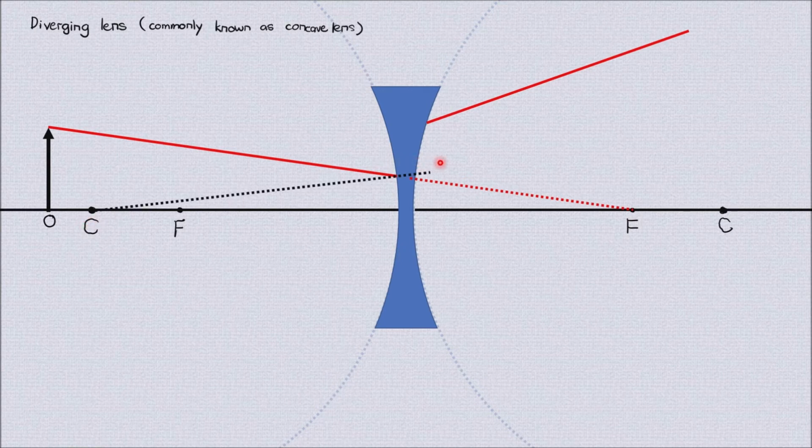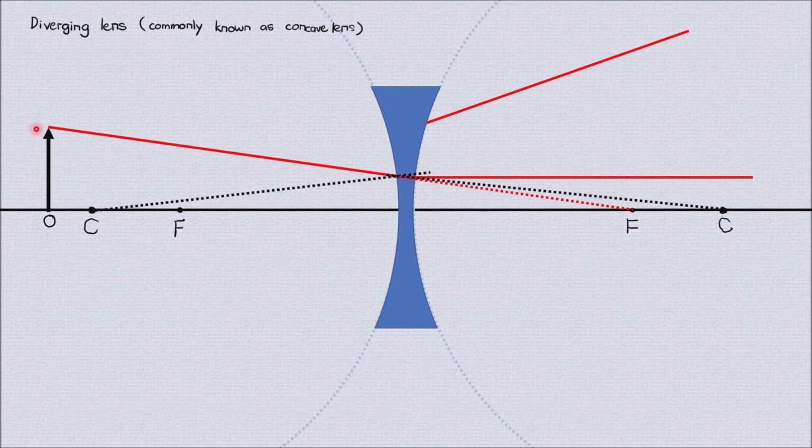Draw a normal line, and you'll find that this ray is bent towards the normal: small angle, larger angle. The second surface corresponds to this center of curvature. Again, draw another normal line. It's getting a bit too complicated to see, but you know that you get refracted away from the normal because it's entering a less dense medium. Once it's bent, you'll find that this ray is parallel to the optic axis.